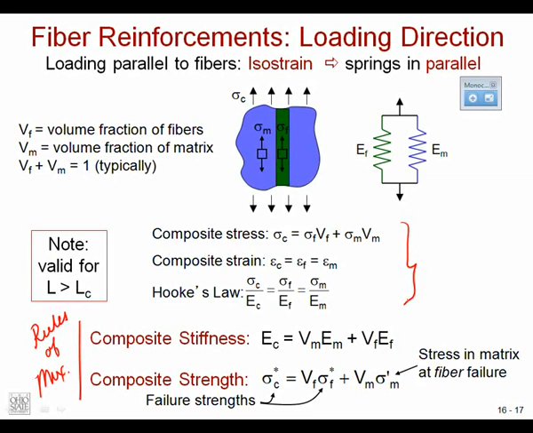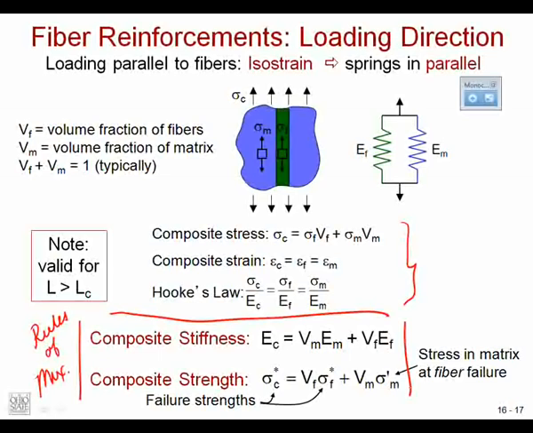So what we use these equations for, this is why this is important. What do these equations tell us? They tell us that if we have properties of the matrix phase, which we can determine, okay? So we can determine certain properties of the matrix, or we already know them, you know, we can determine them with tensile tests and things like that.